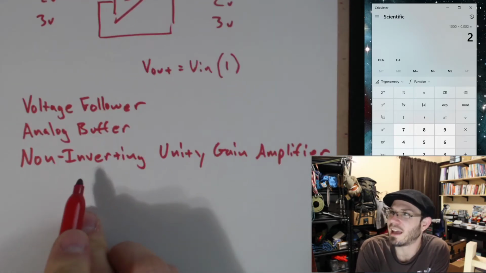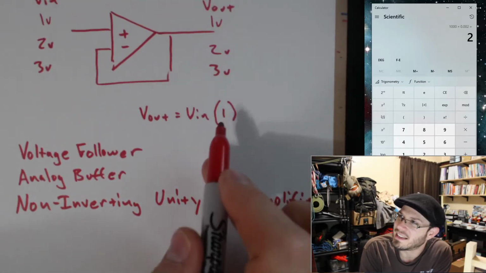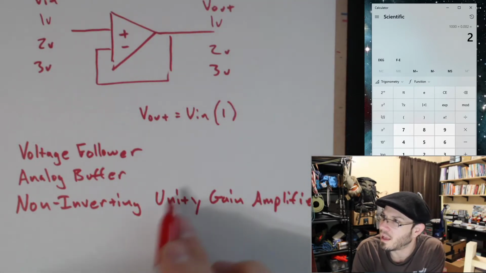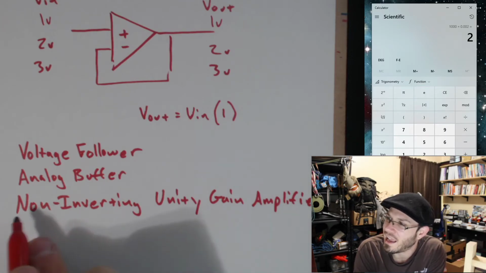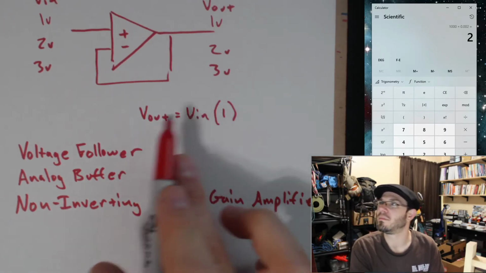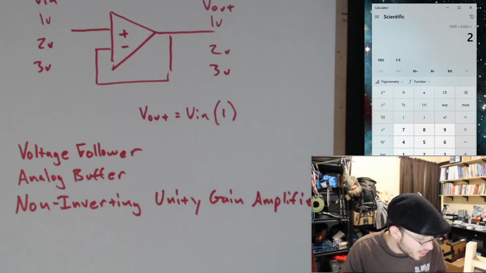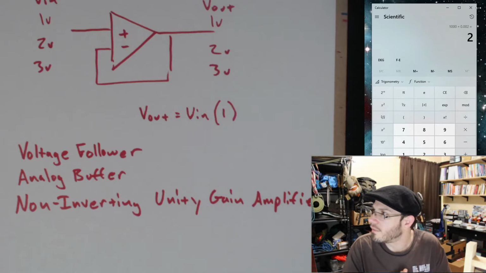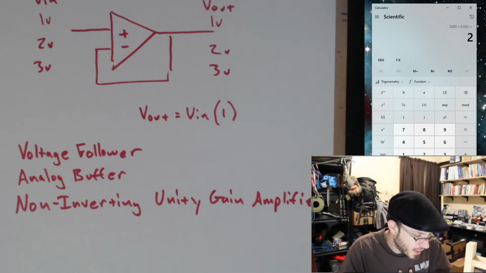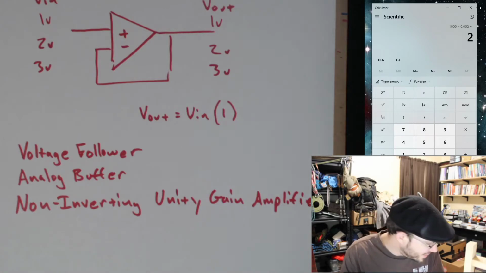And the last one, non-inverting unity gain amplifier, because it does have a gain of 1, which implies unity, and I am not getting any inversion. The polarity of the input is the same as the polarity of the output. So we have now covered 4 op-amp circuits, and we've analyzed them with only our 2 basic rules.